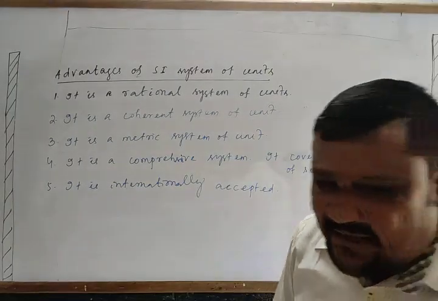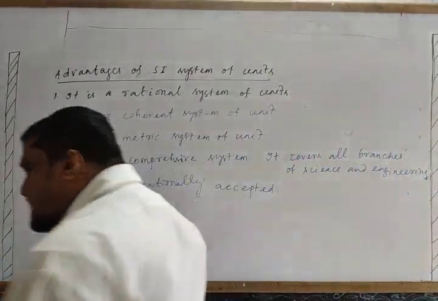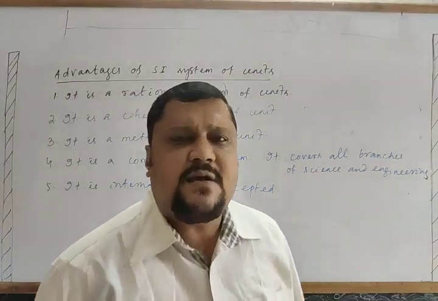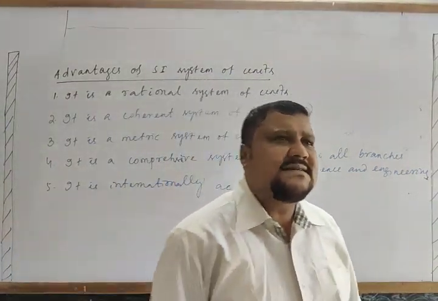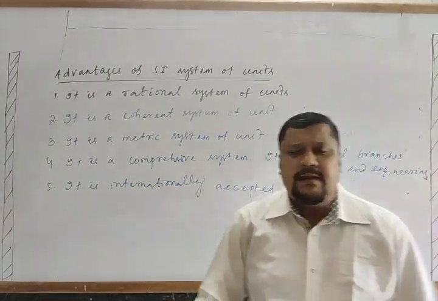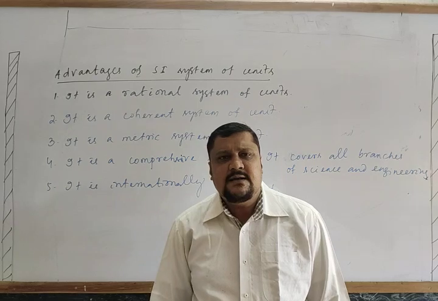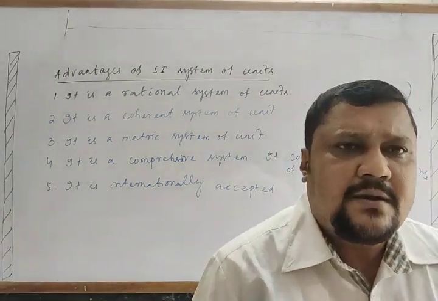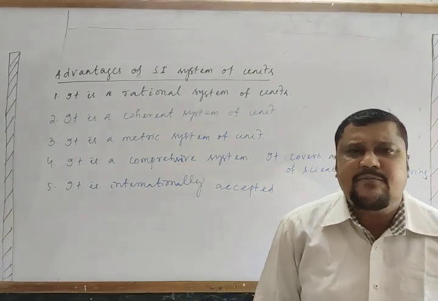But when we are discussing the FPS system, that is also called the British system of unit. Nowadays we are not using foot, pound. All these are not used. So we cannot say this is an internationally adopted system. But in SI, to measure the mass we are using kg, to measure the length we are using meter, and to measure the time we are using second.